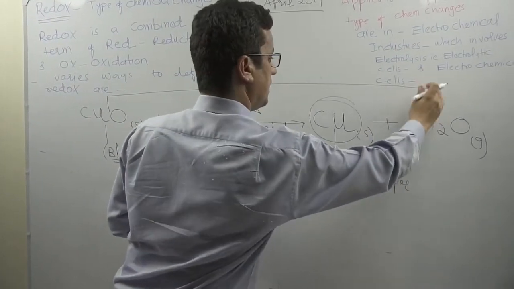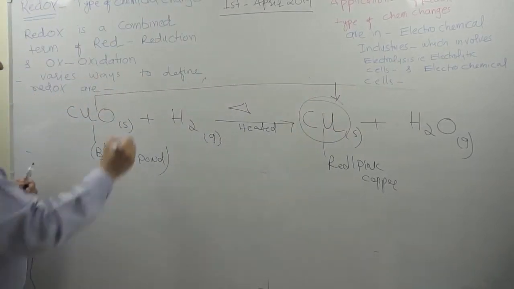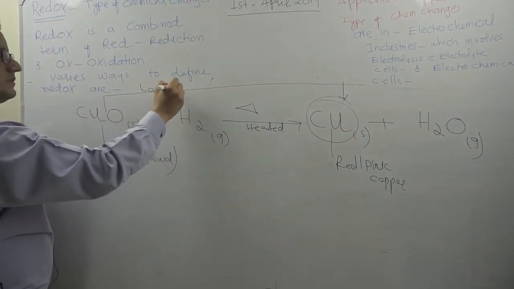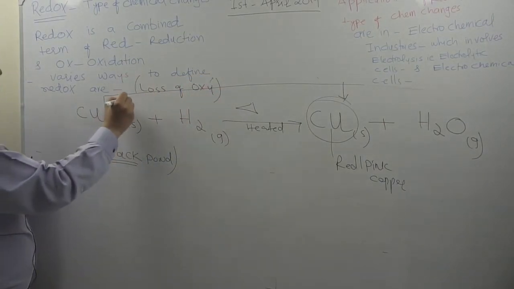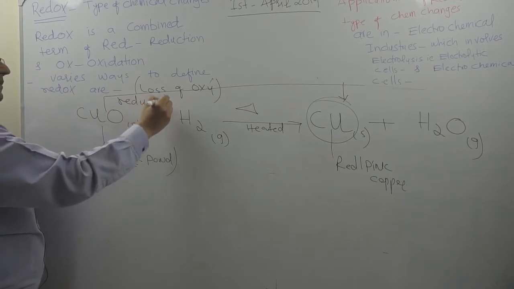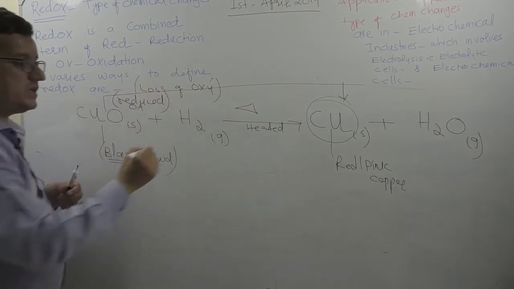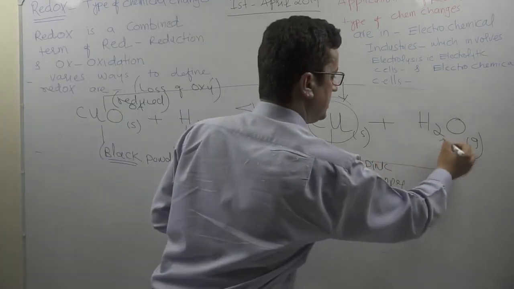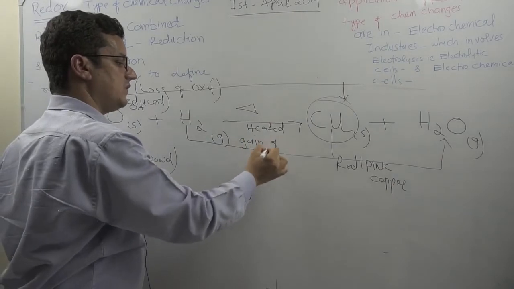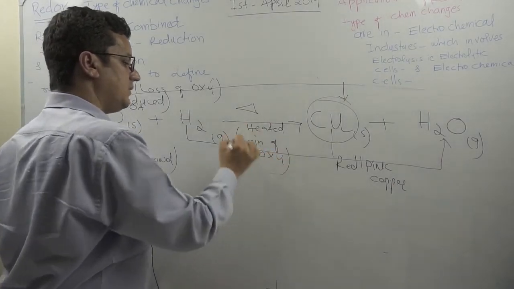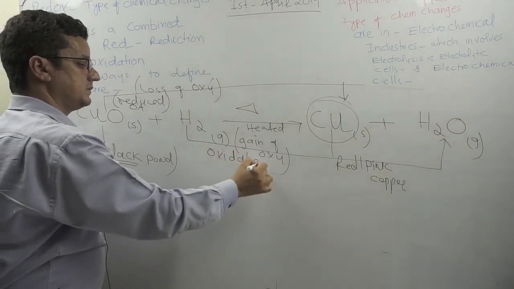Again, copper oxide has turned to pure copper by loss of oxygen, and loss of oxygen means reduced. When it is reduced, it is an oxidizing agent. Hydrogen has changed itself to hydrogen oxide by gain of oxygen, and gain of oxygen, the definition says, is oxidation.